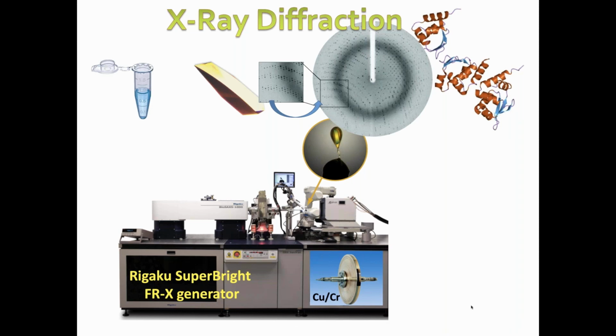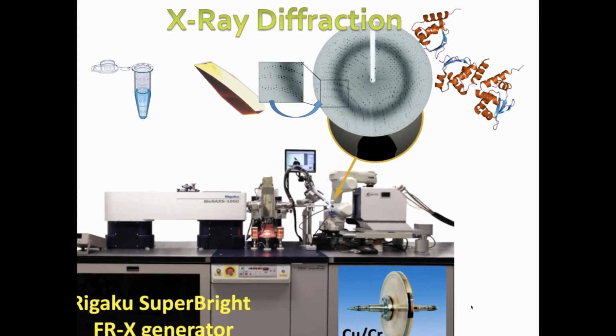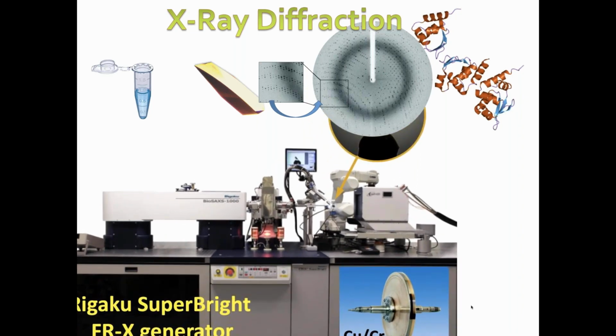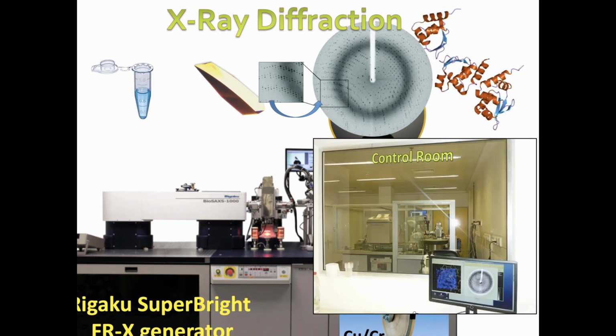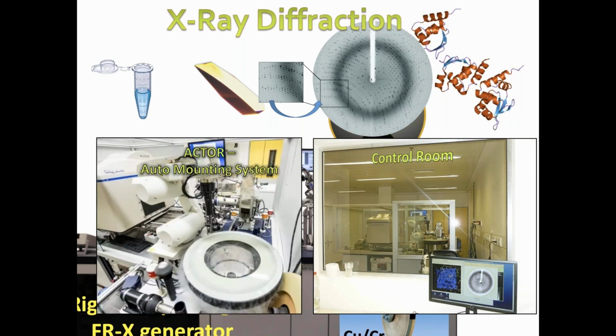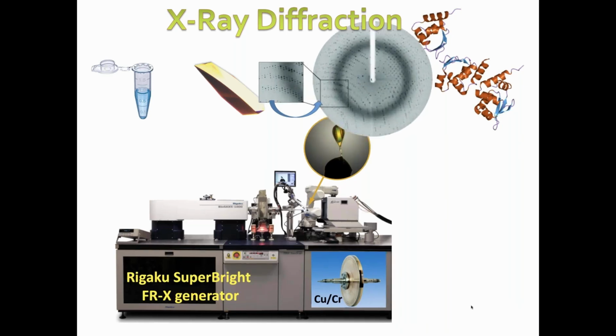And here you can see our system. This is just a different image, but we have the FRX generator. We get diffraction, and you can see we control both the experiment conditions and the robot from a control room. You can see our robot in action.